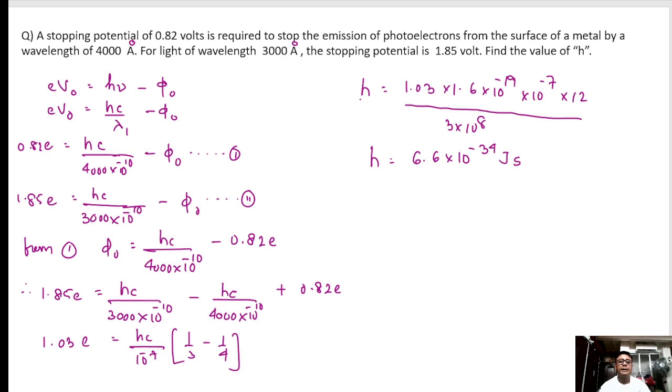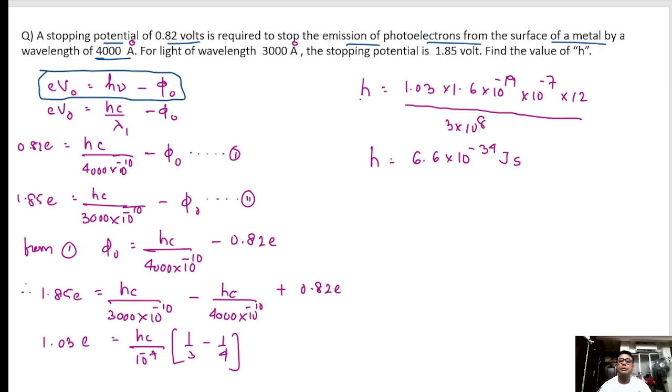Next, the stopping potential is given as 0.82 volts, and it is required to stop the emission of photoelectrons from the surface of a metal by a wavelength of this. So this is the formula.